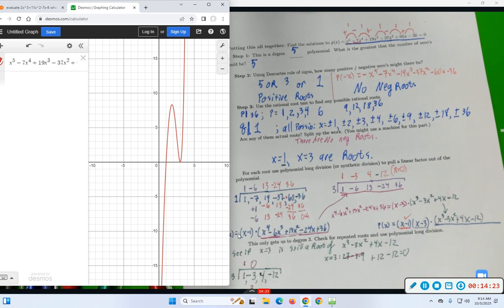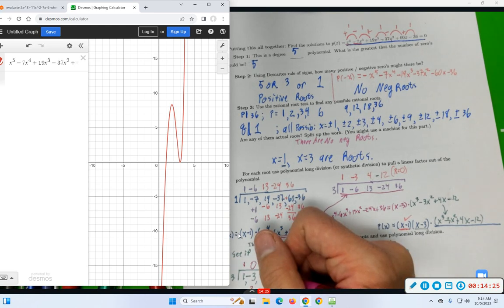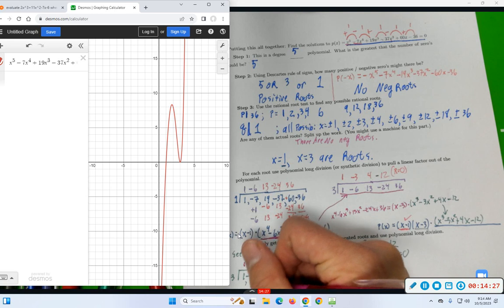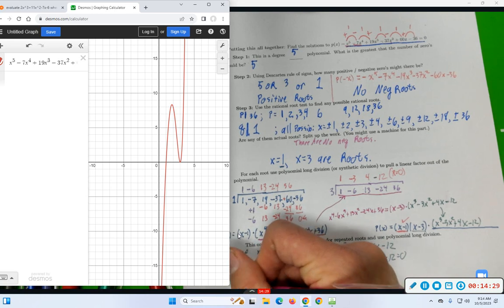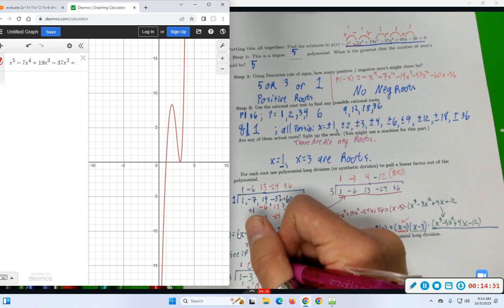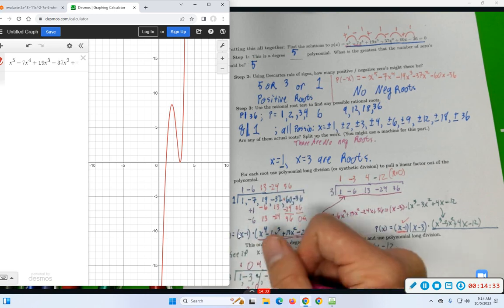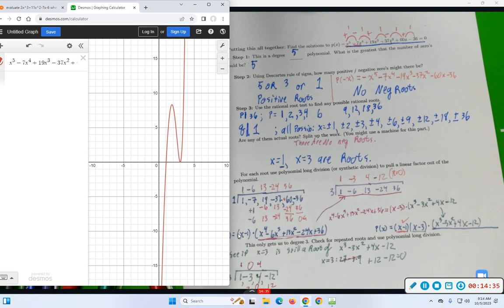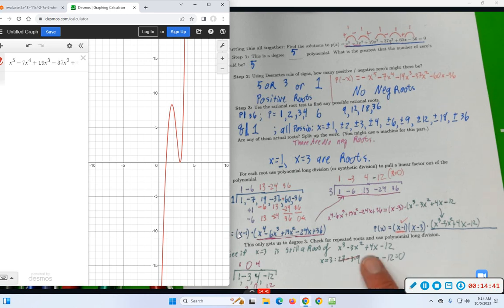Cool. Those cancel. It becomes 0. Put a 0 there. 4 plus 0 is 4. So you put a 4 there. 3 times 4 is 12. Remainder is 0. That's good. So that tells us that this thing in this green polynomial factors as x minus 3 times x squared plus 4. So far, so good?